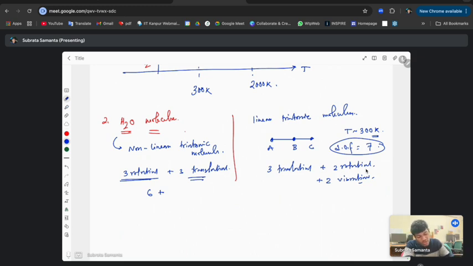If we include the vibrational degrees of freedom at very high temperature, there are 3 vibrational modes, so the total degrees of freedom is 9.